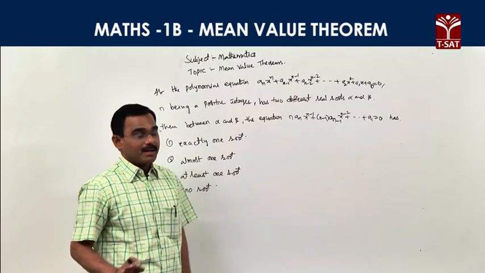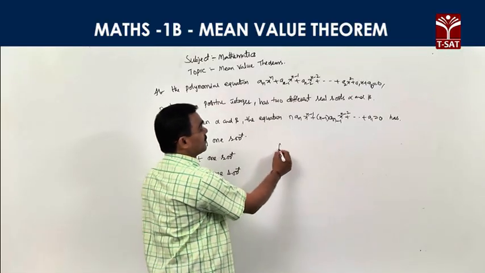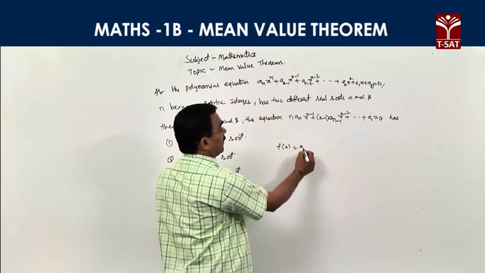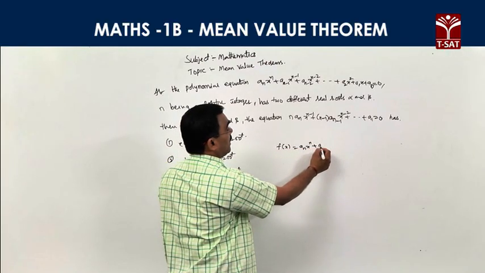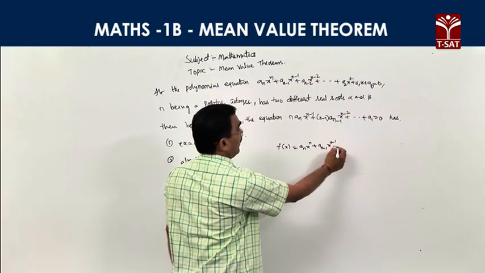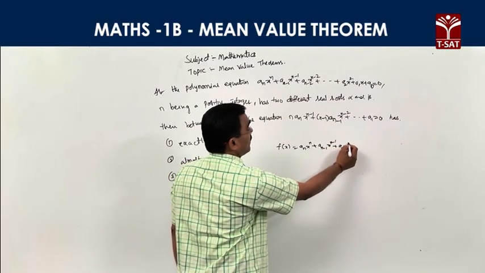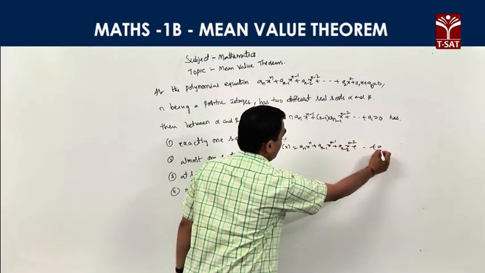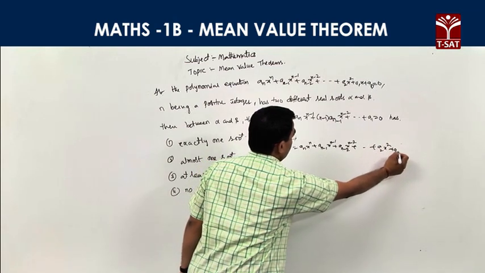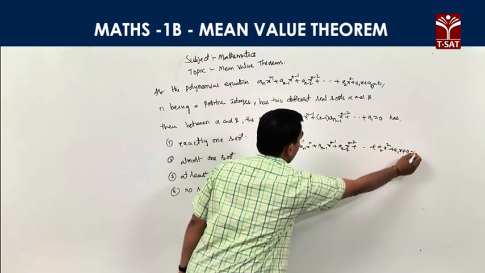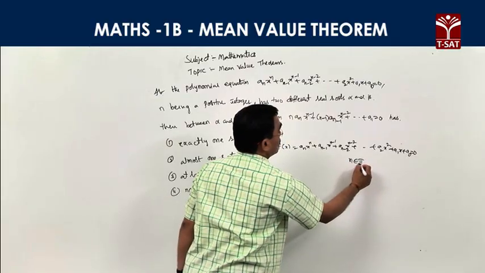First, the given polynomial equation is f of x equal to a n x power n plus a n minus 1 x power n minus 1 plus dash dash plus a 2 x square plus a 1 x plus a 0 is equal to 0, where n is a positive integer.